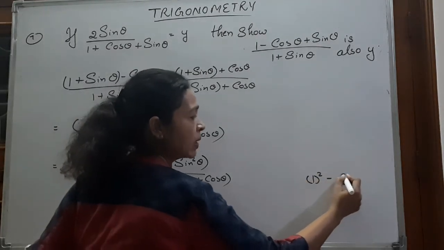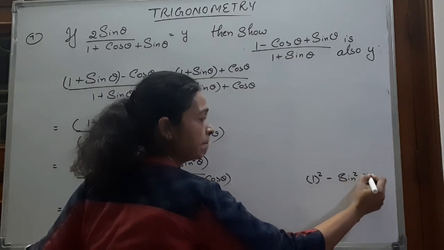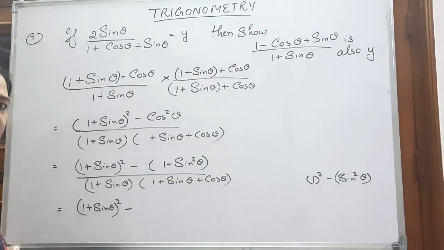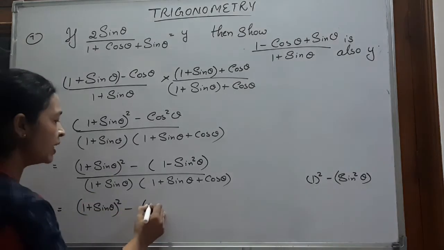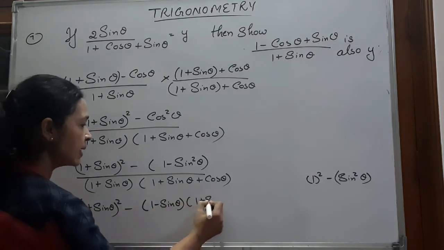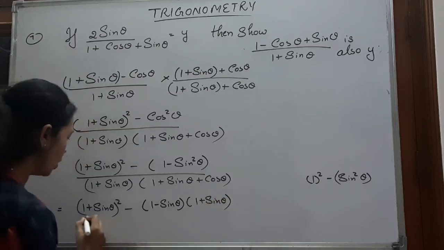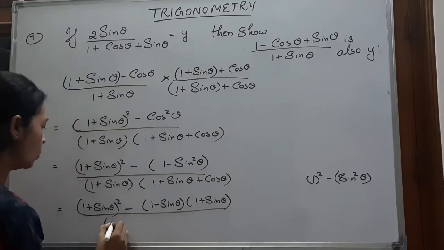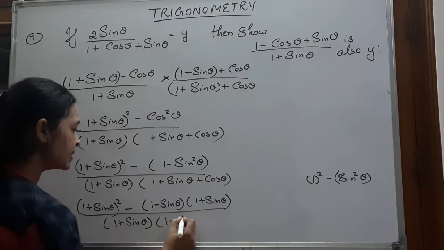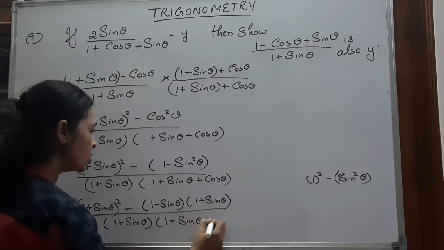We can write it as 1 square minus sin square theta, which is a whole square minus b whole square, a plus b, a minus b. So we have 1 minus sin theta and 1 plus sin theta upon 1 plus sin theta into 1 plus sin theta plus cos theta.